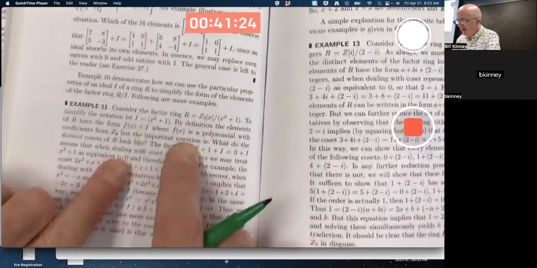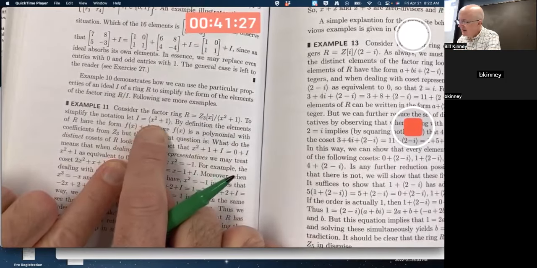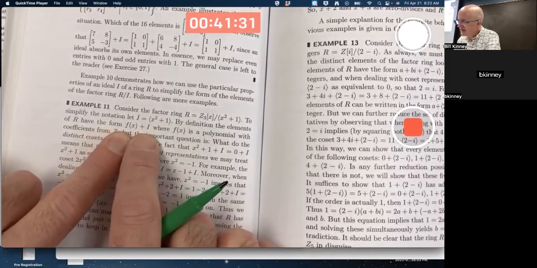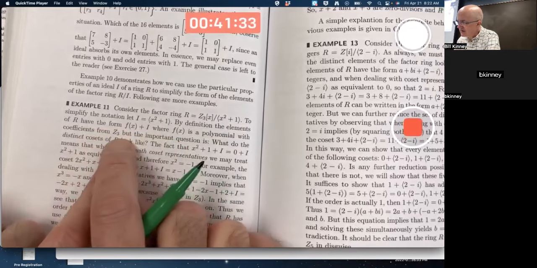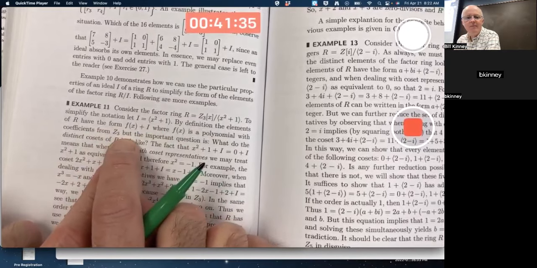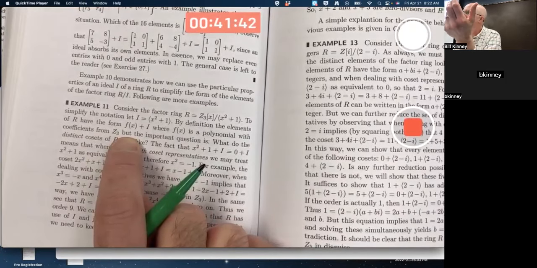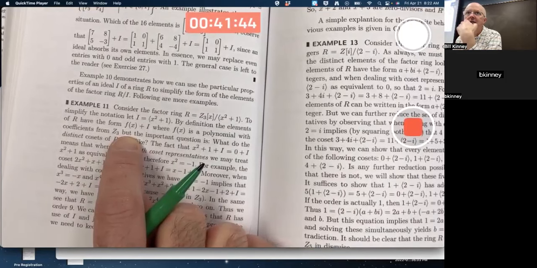Continuing. Okay, to simplify notation, let that ideal be called I. By definition, the elements of R have this form, where f is a polynomial in Z3. Right, that's the definition. And by the way, being an ideal is necessary to prove multiplication is well defined.